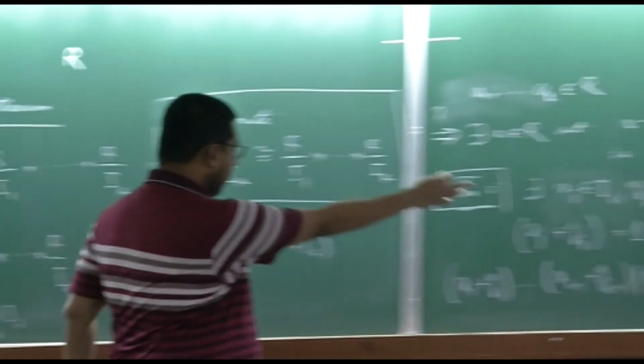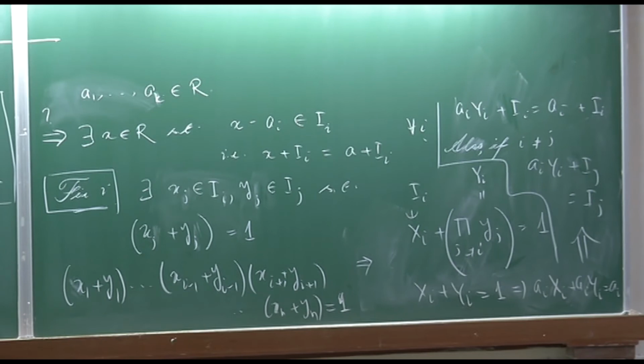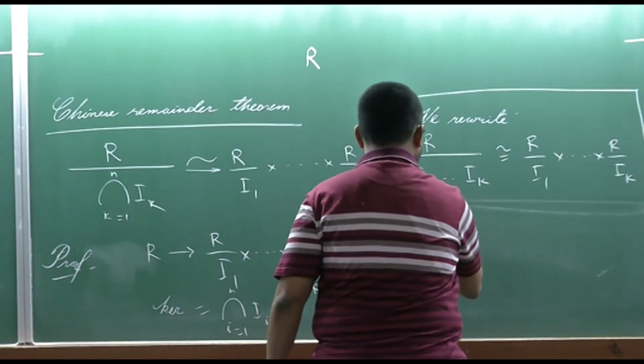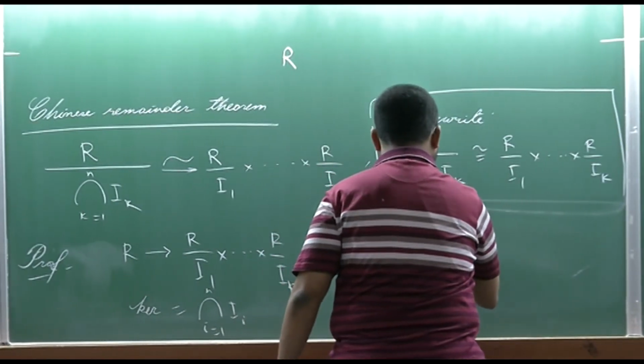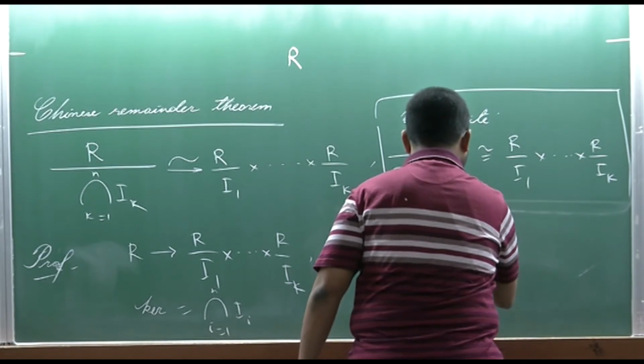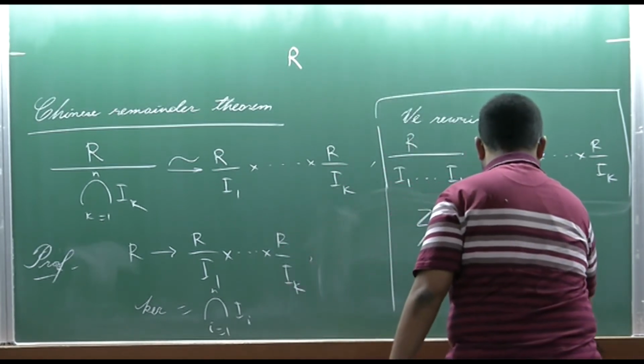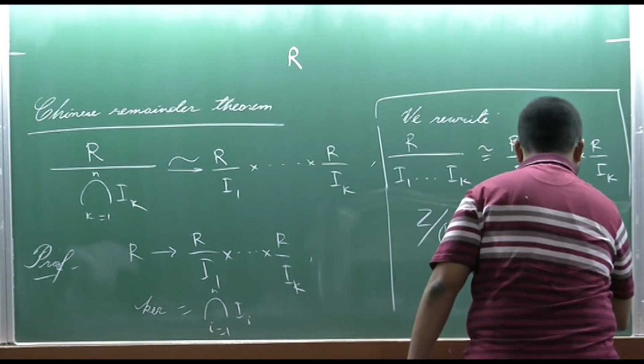Which I wrote a few minutes back, just to show you that whatever you are doing is nothing very surprising. So, in the case of integers, if n1 up to nk are pairwise co-prime, then you prove this.